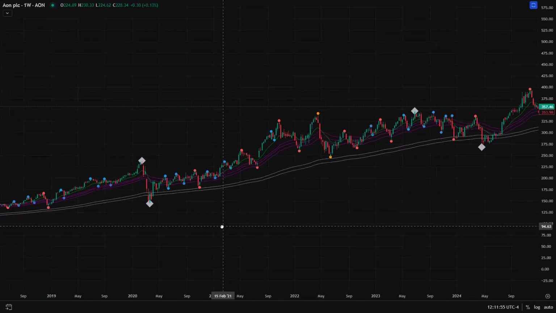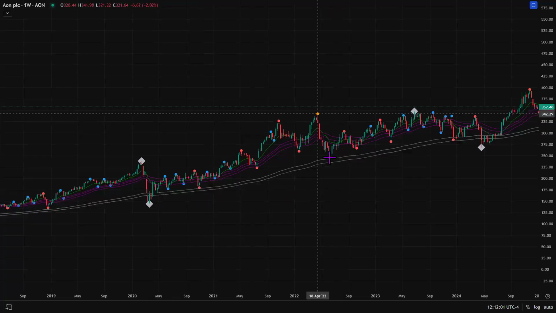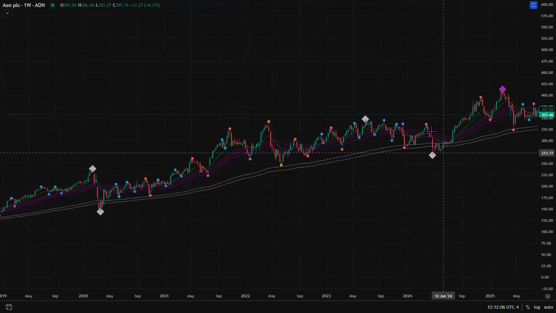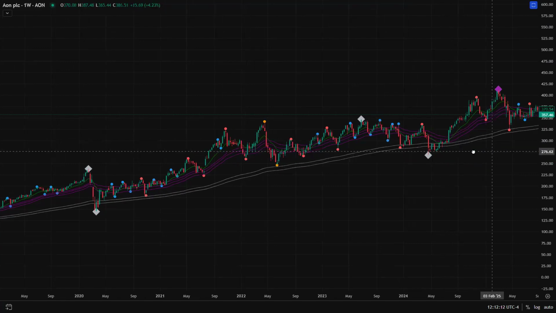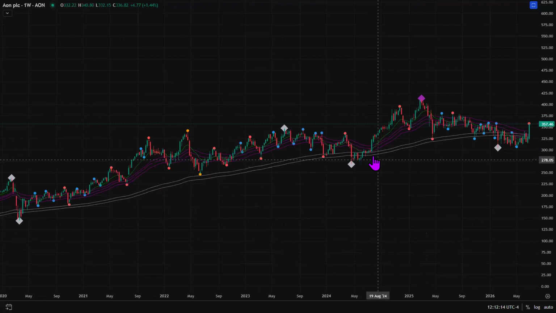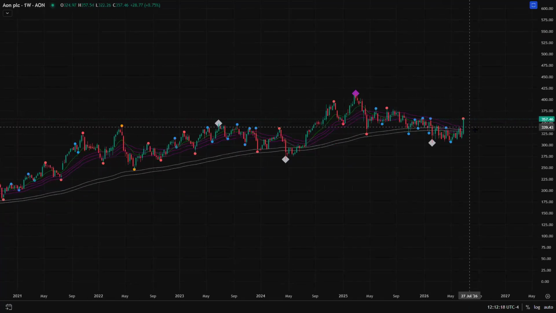And when we have corrections down to below the tunnel or the tunnel, we have a correction down to, in this case, almost the tunnel. And here we have a correction down to below the tunnel. But never does the wave cross down below the tunnel. Sometimes the wave goes in the tunnel, as it is right now.